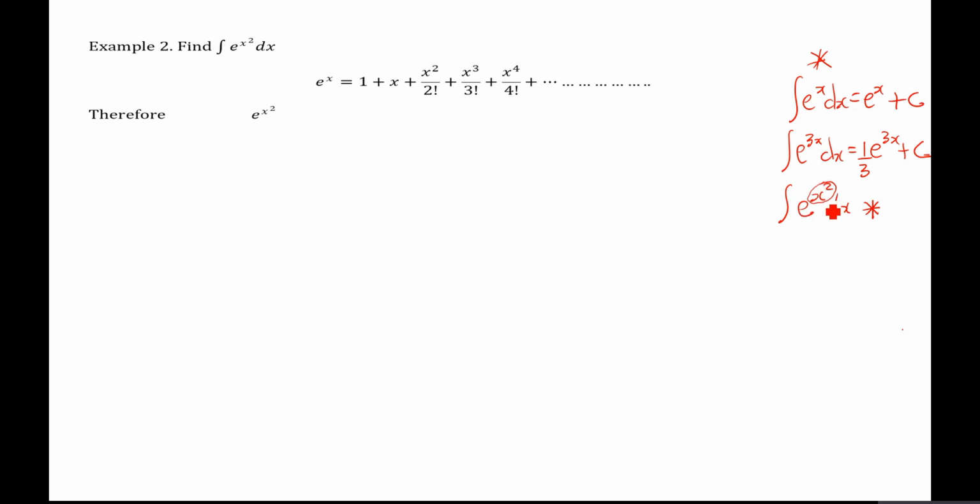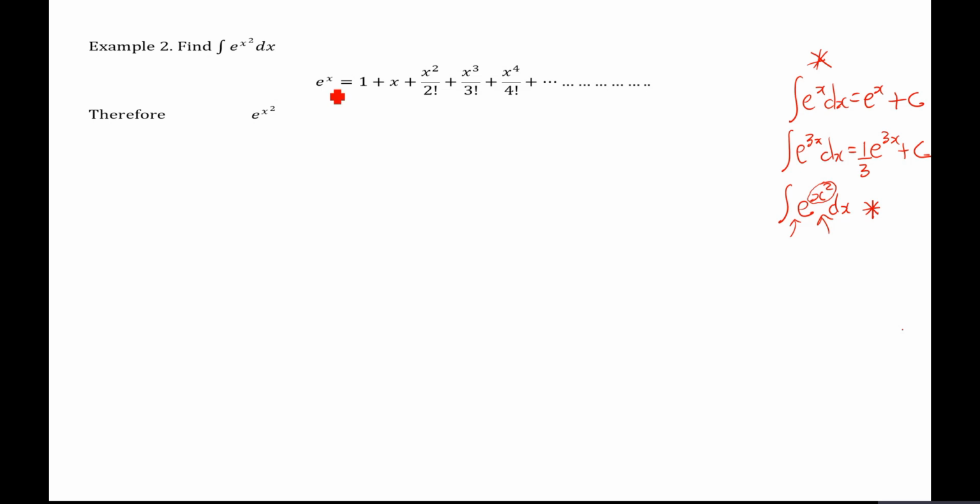And if you do use u substitution, you have to check the derivative of x squared, and there's no other x in that integrand. In other words, you simply cannot integrate e to the x squared by all the methods that you know so far. Well, let's see. How can we go about integrating e to the x squared dx?